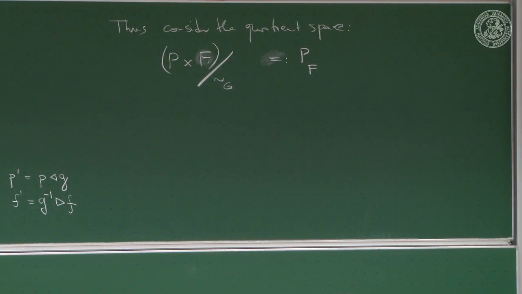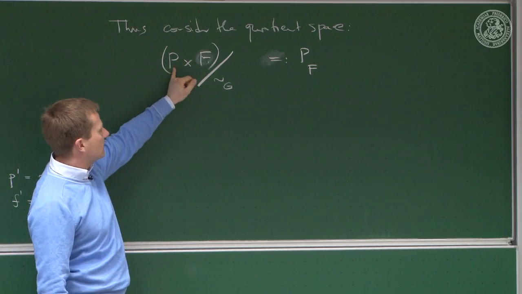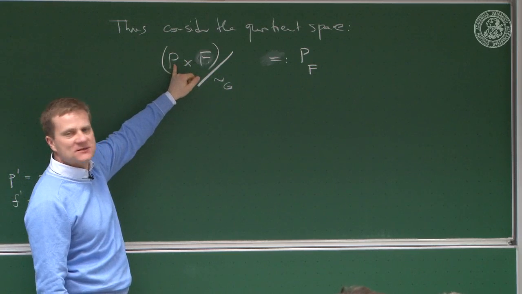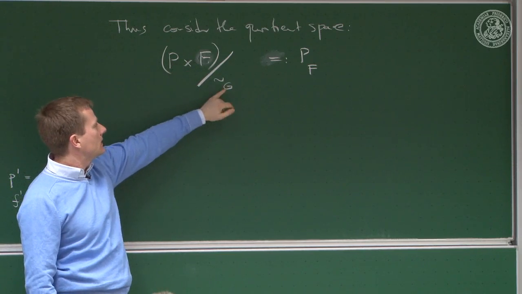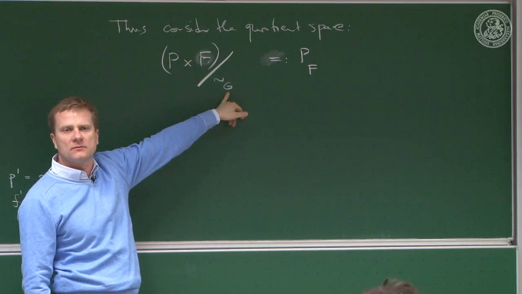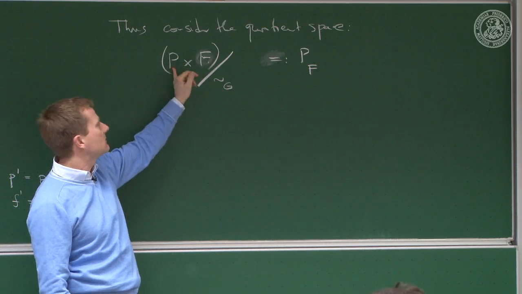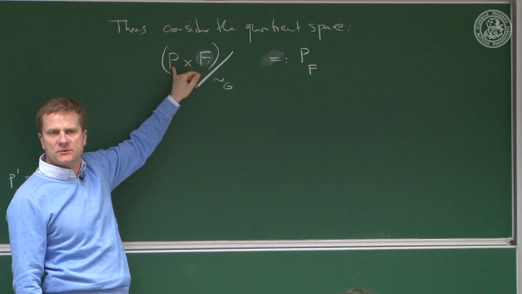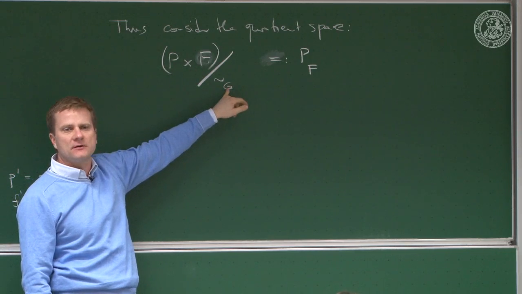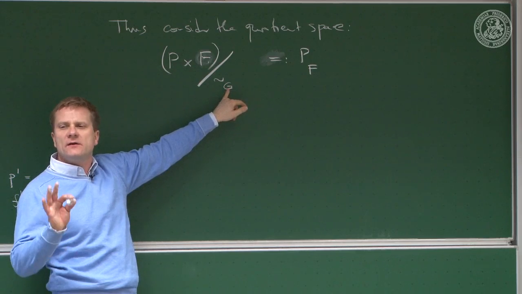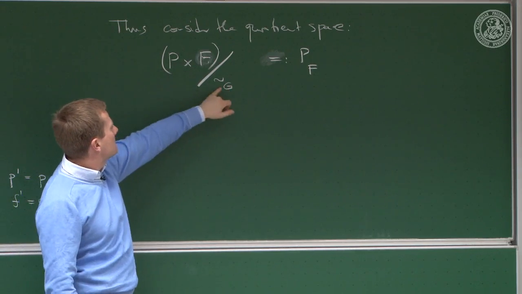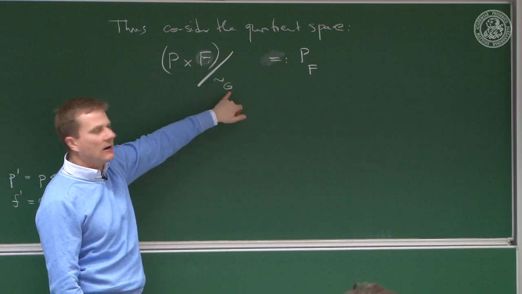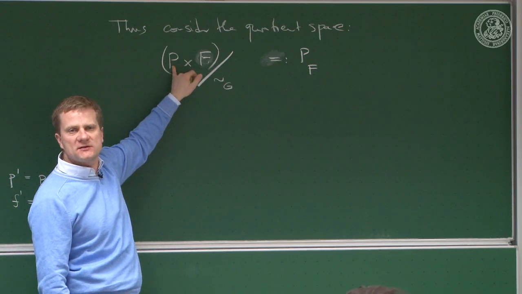Now, very roughly speaking, well, not very roughly speaking, it's true, the fibers of P alone are the entire group, because P is a principal G bundle, and a principal G bundle has a typical fiber, the group. So very roughly speaking, what happens here, if you then mod out the group, what is left of this first factor?